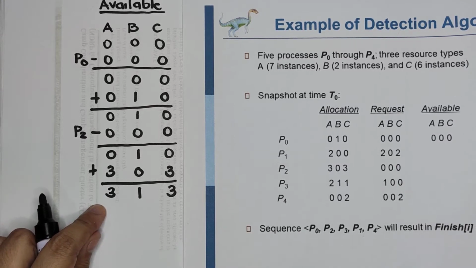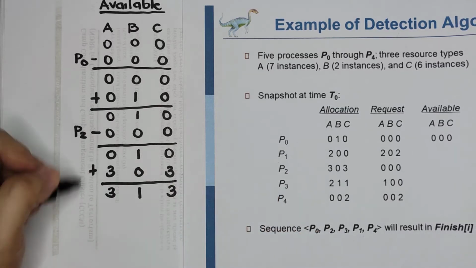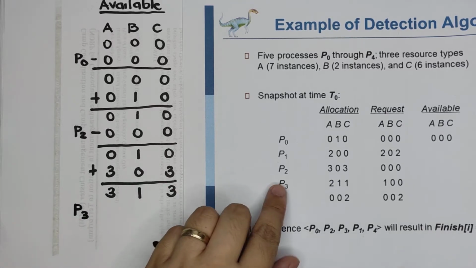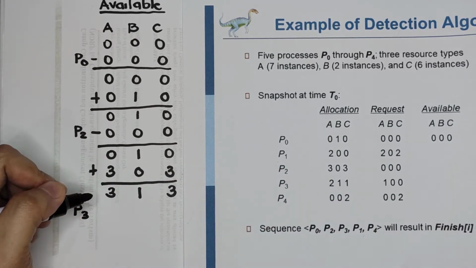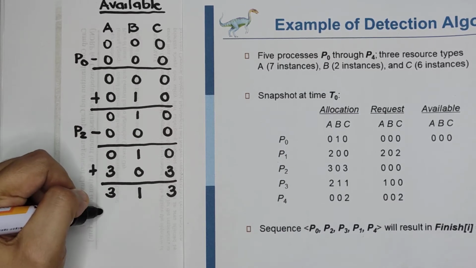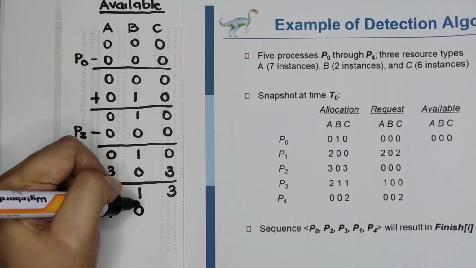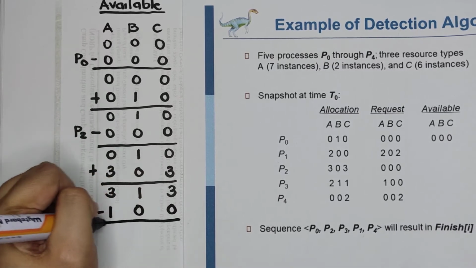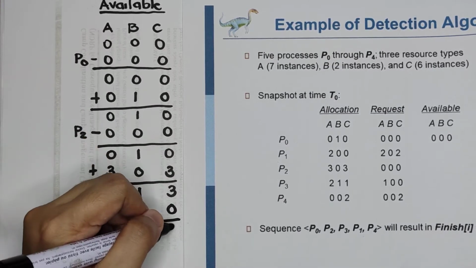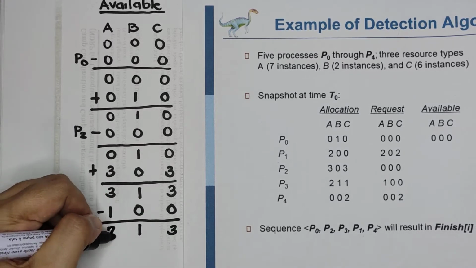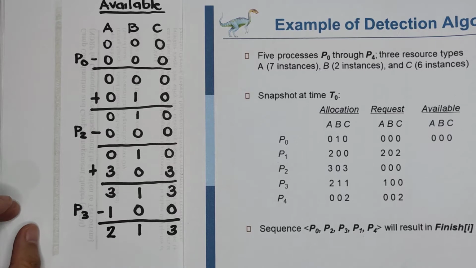Next, it is decided that it will be P sub 3. For P sub 3, the request is 0, 1, 0, 0, which we have to subtract. So 3 minus 0 is 3, 1 minus 0 is 1, and 3 minus 1 is 2.